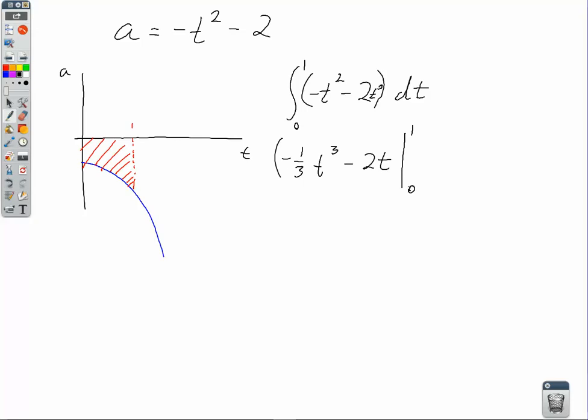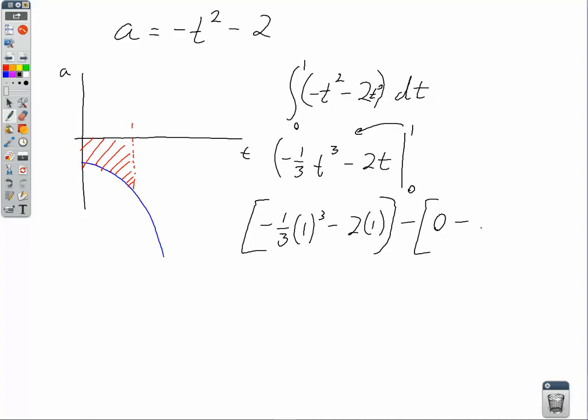Okay, so remember again, you plug in the upper limit first. All right, so it's negative 1/3 times 1 cubed minus 2 times 1. Okay, that's the upper limit. Slap on a negative. And then the lower limit, let's see, 0 cubed is 0, and 2 times 0 is 0, so we get 0 for the lower limit.